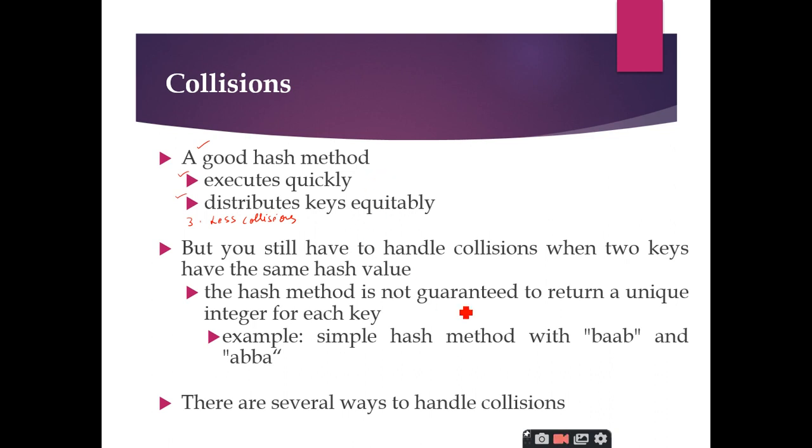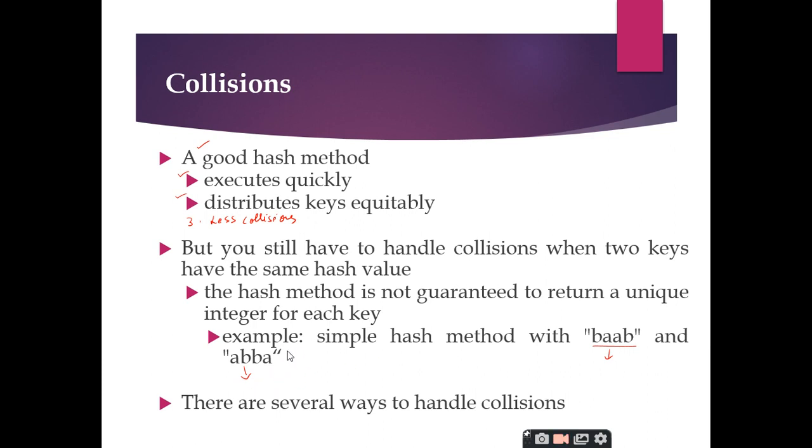In the previous example I gave, we take a string, take the ASCII values and add them, and for this one the result will be the same. That means the value that I generate from this string will be the same. For BAAB and ABBA, both are the same, right?